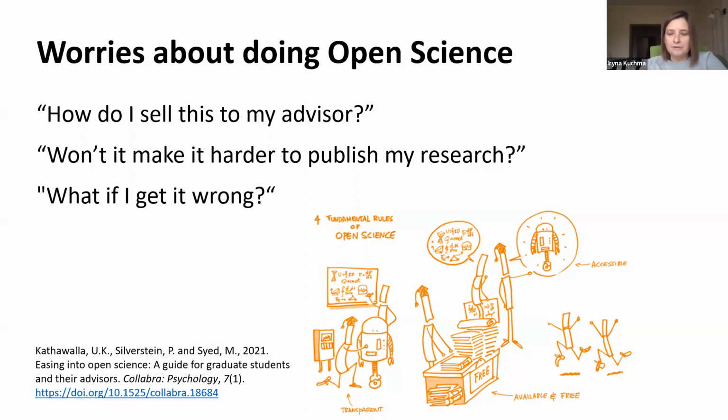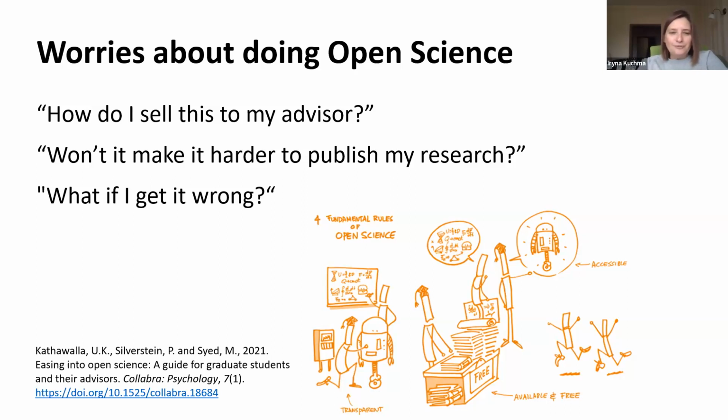Researchers are also afraid that if they start sharing a lot early, then novelty will be lost, and when they submit a paper to a journal, the journal would say, oh no, we won't publish you because it's not new, you've already been sharing it. And there is no evidence so far that open science makes it harder to publish research. So that worry is maybe not so much grounded in real life results.